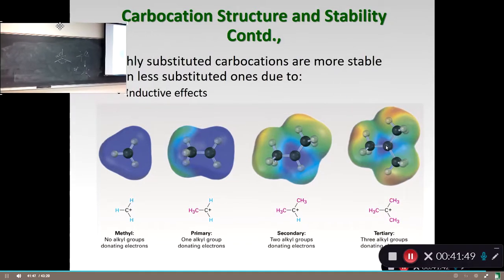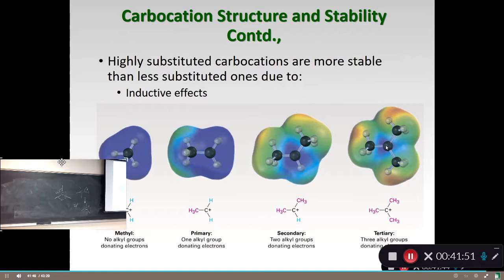Usually in electron density diagrams, we use blue to denote positive charge and red to denote negative charge. As you can see, the positive area is very small when you have a tertiary carbocation. But when you have a primary or a methyl one, you have a huge positive area on the carbocation, so they are highly unstable.